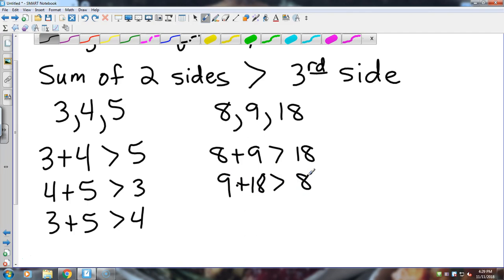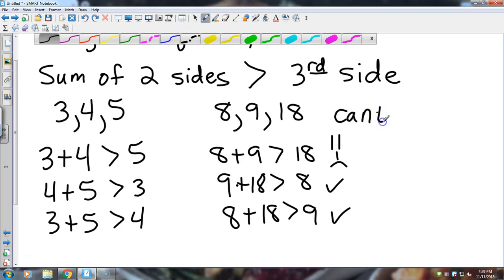And then 8 plus 18 has to be greater than 9. Well, this one works, but this one does not work. So if I had a board length of 8 and a board length of 9 and a board length of 18, there's no mathematical way to make a triangle out of those lengths.